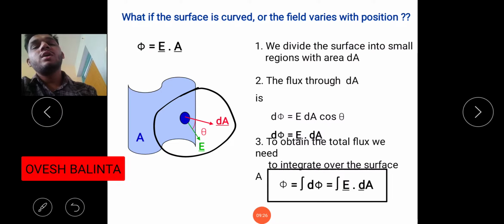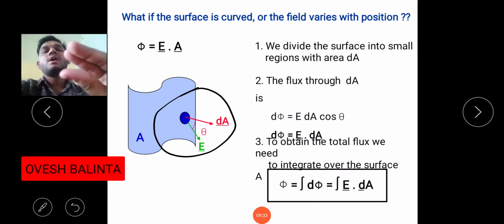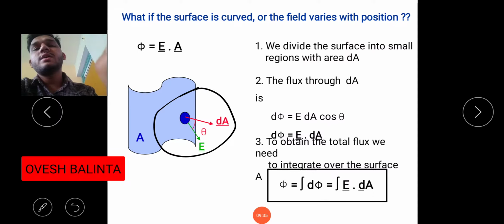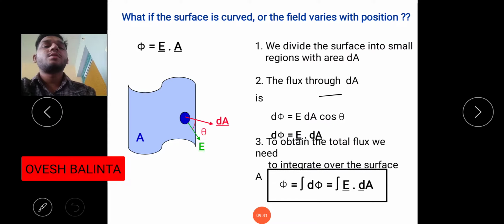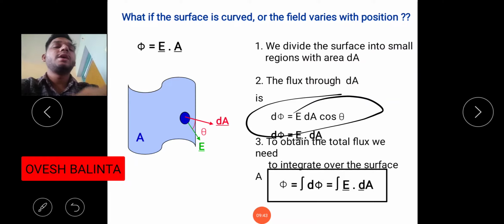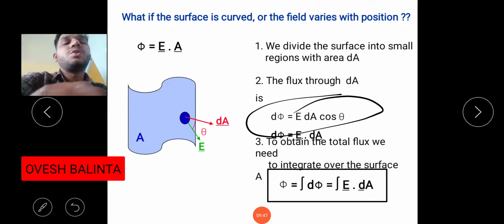So we take d phi is equal to E into dA cos theta. When theta is 0, cos 0 is equal to 1, so it becomes E into dA.